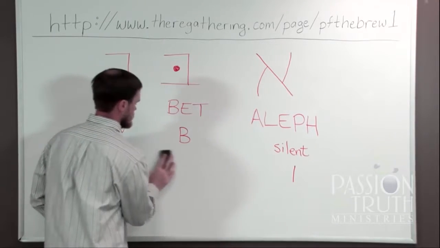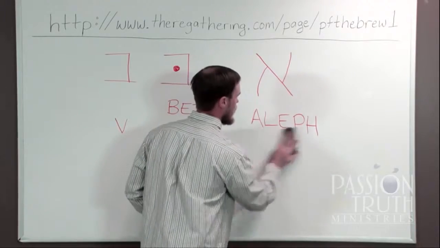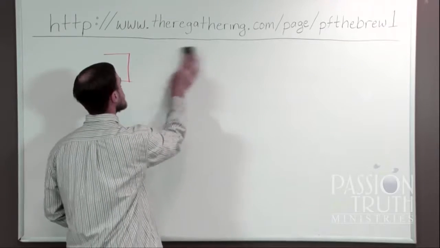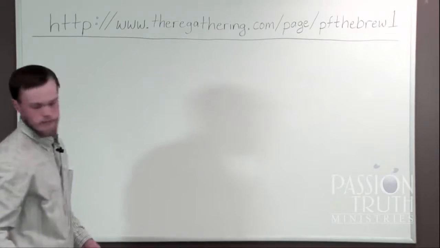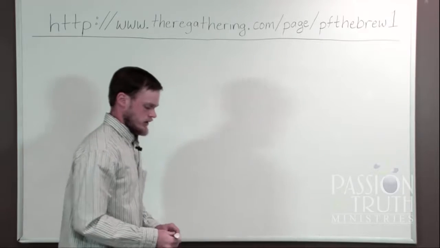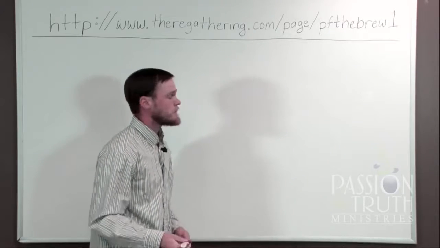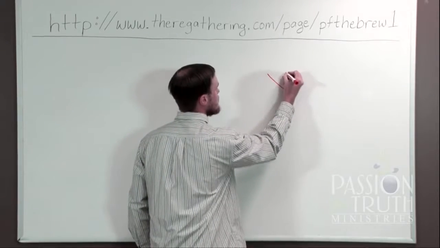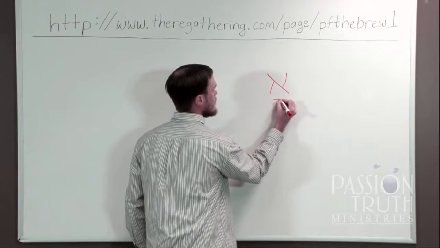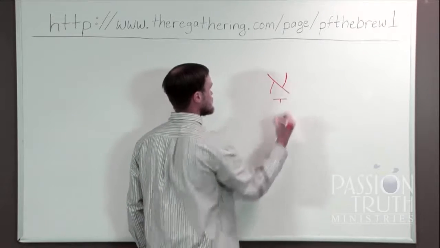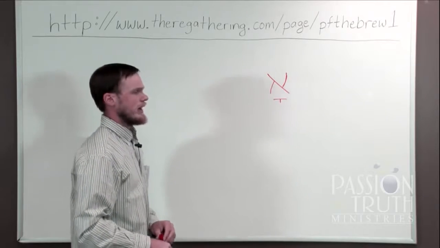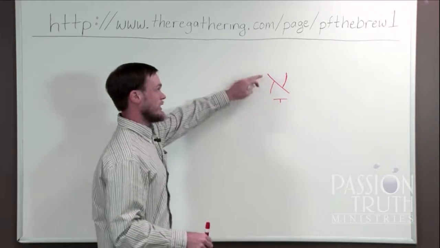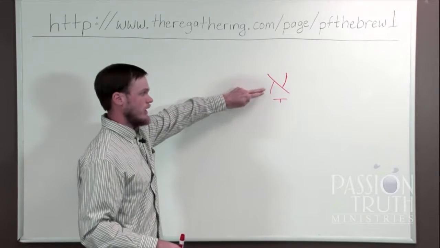Now with those two letters, we can actually start making a word. So I'm going to talk about vowels for a little bit. In Hebrew, vowels are typically written underneath the consonant whose sound it follows. So if we encounter an aleph with a vowel sign underneath it, we will pronounce the sound of the aleph first, and then the sound of the vowel.